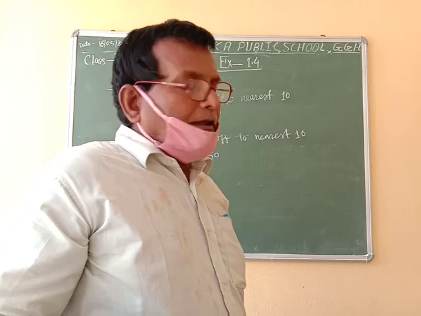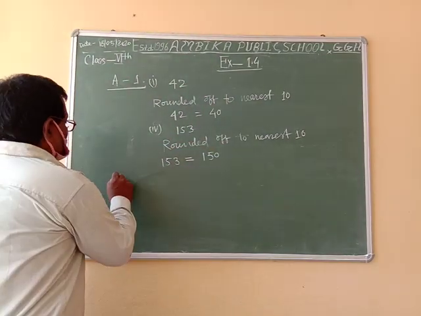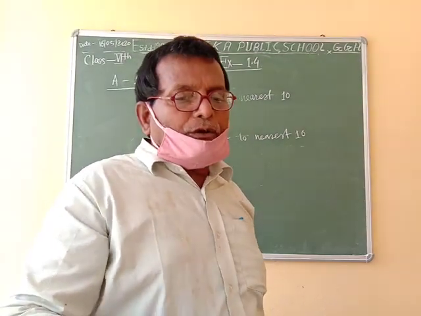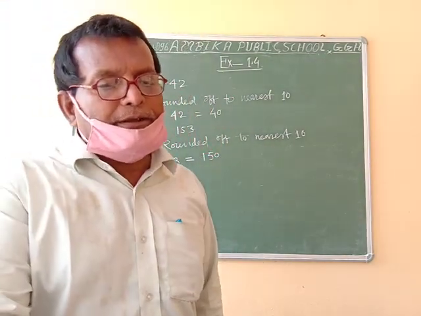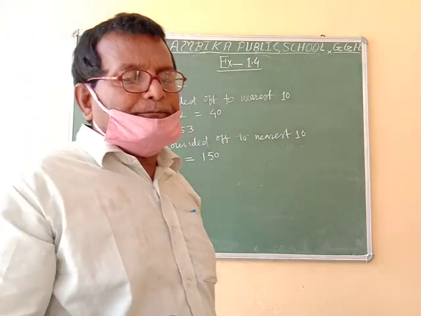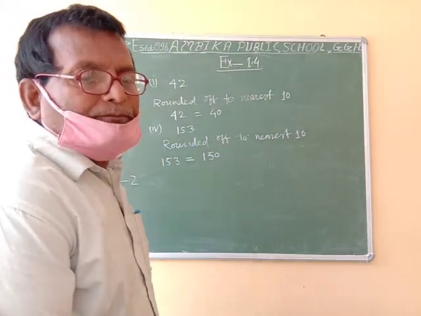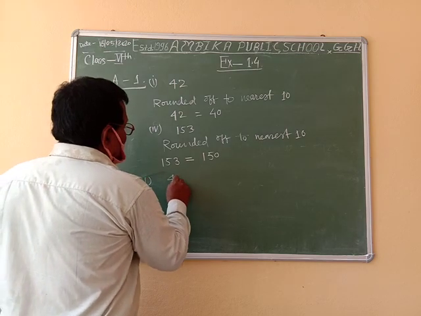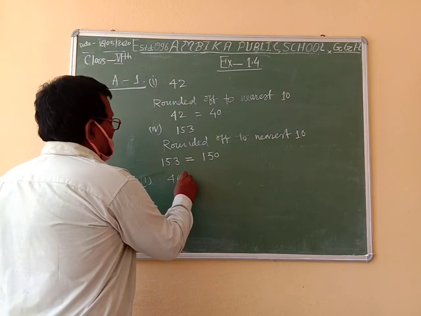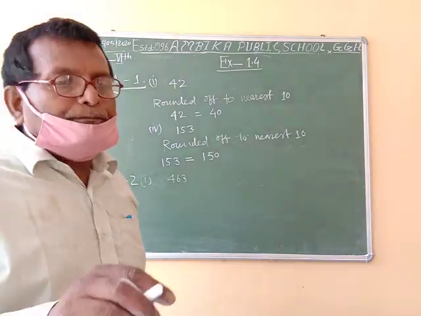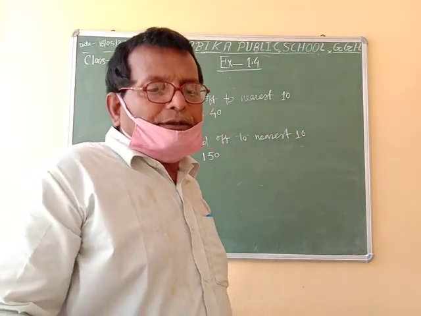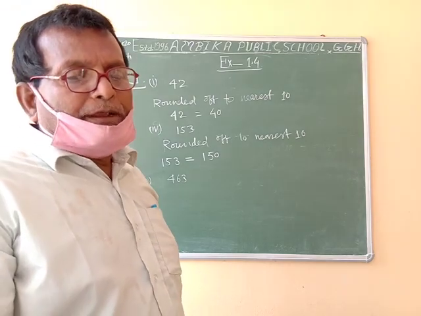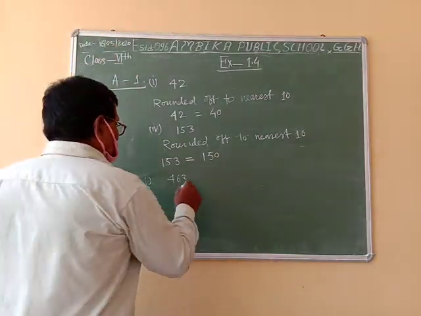And question number 2. In question number 2, round off each of the following numbers to the nearest hundreds. As for 463, you have to round off 463 to the nearest 100.